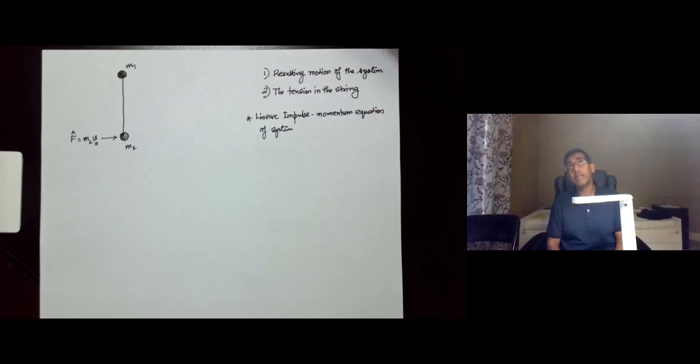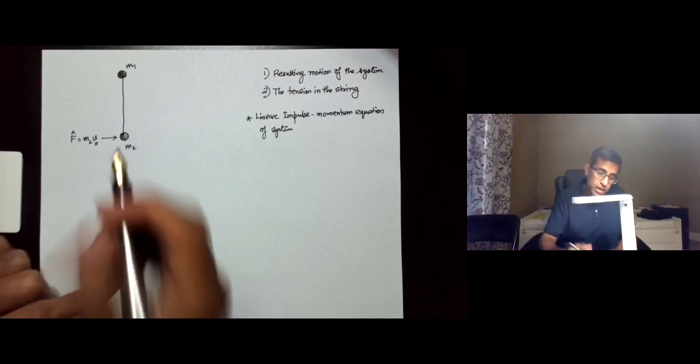So the net impulse on a system of particles is equal to the change in the linear momentum of the center of mass of that system of particles.